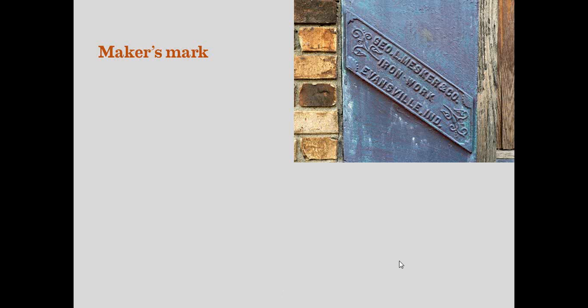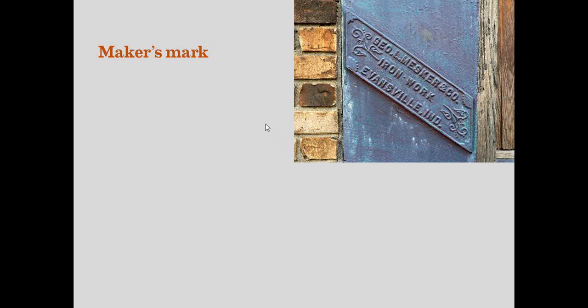So the signature was always secondary to the product. It doesn't always exist, but many architectural building components do have them, and they're these very small pieces of graphic design, and it's very fun to try to find them.